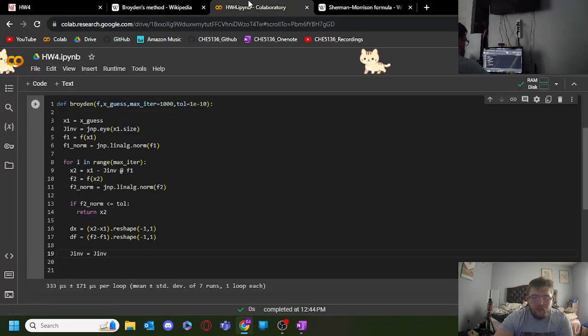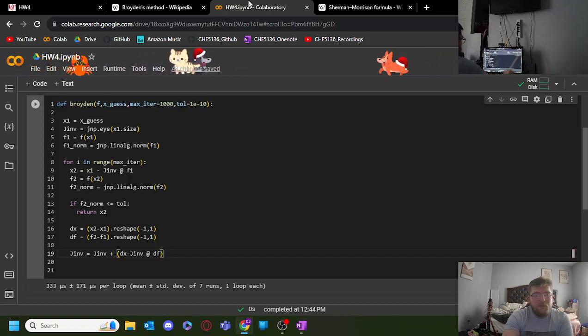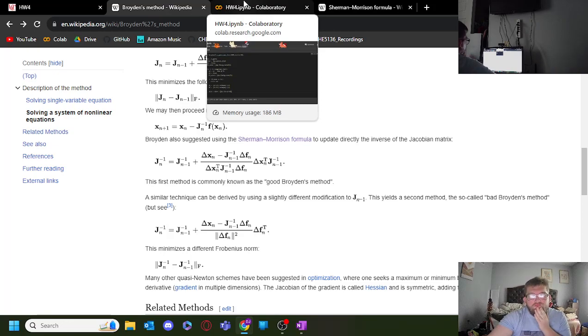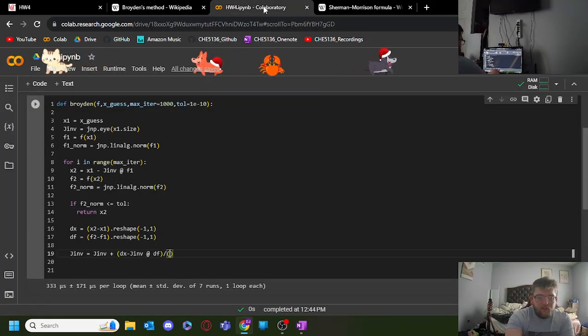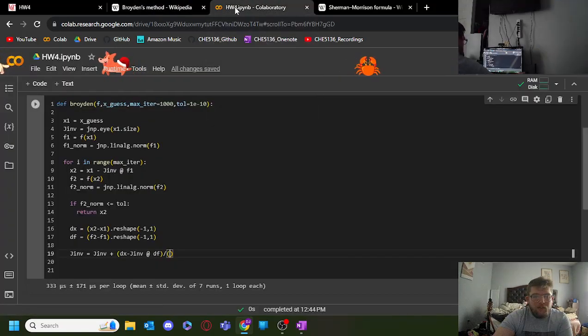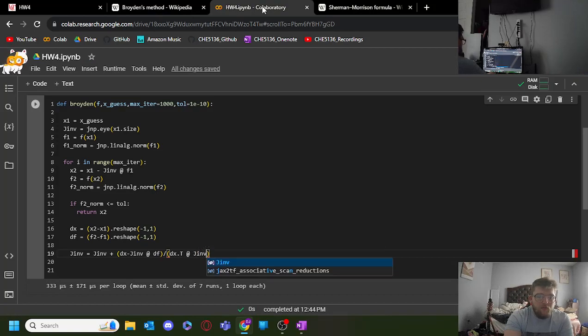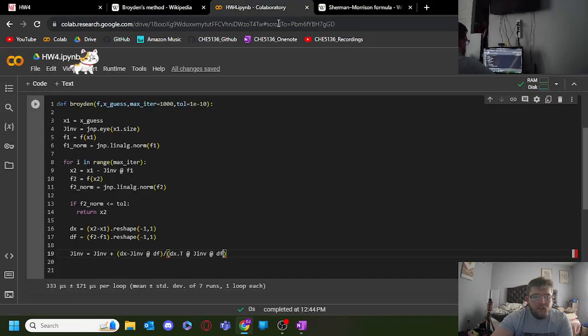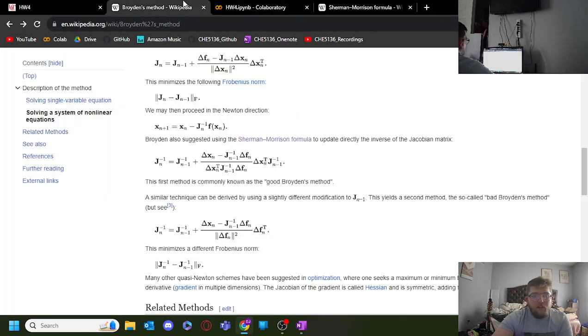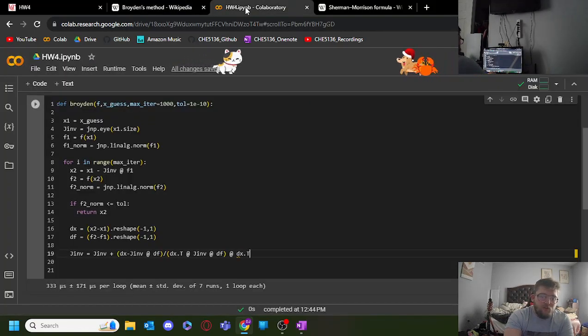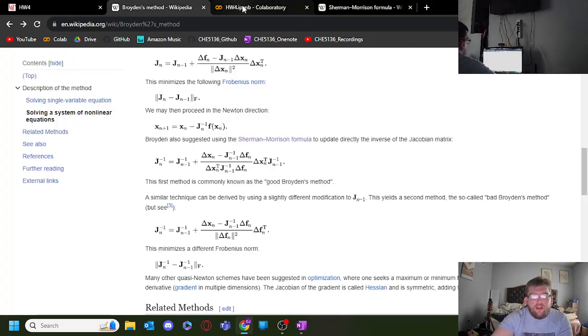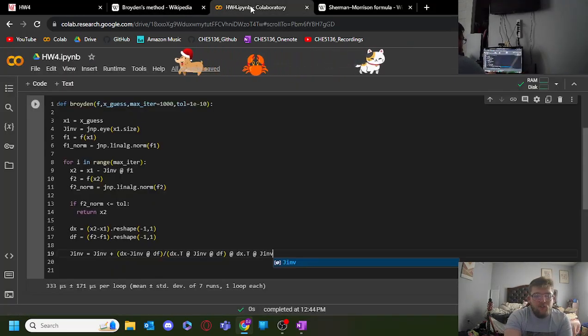And then from there, got everything we need, just need to add the actual equation. So J inverse plus dx minus J inverse multiplied by df. Now divide that by the denominator, dx transposed, matrix multiplied by the Jacobian, multiplied by df once again, and then all of that multiplied by dx transposed again, multiplied by J inverse.